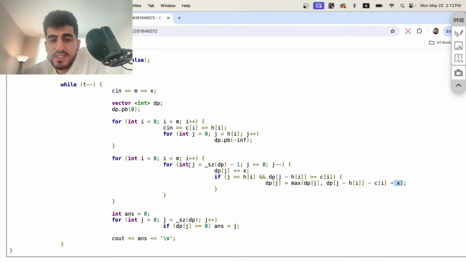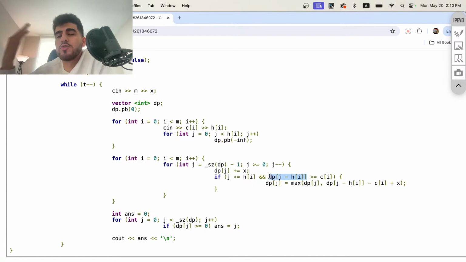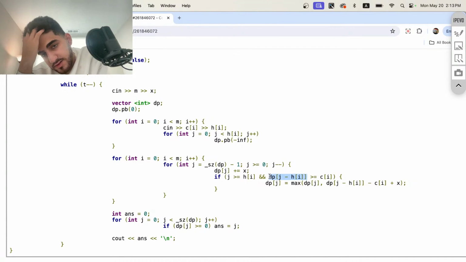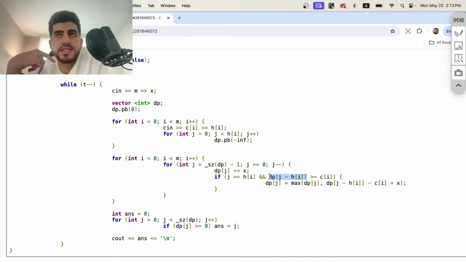And the reason that I start from the end and go through the beginning is that I want dp of j minus h of i to be updated after I update dp of j. If I go from the end, I know that j minus h of i is less than j, so I know that it is not updated yet. So it has stored the value before this month. And that's exactly what I want. I want to see that before this month, what was the maximum money that it could possibly save.